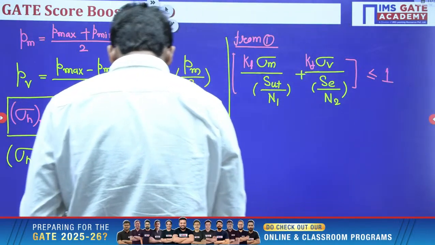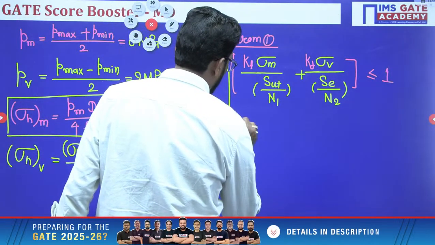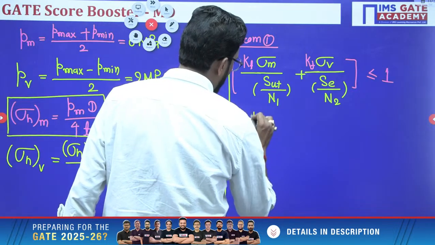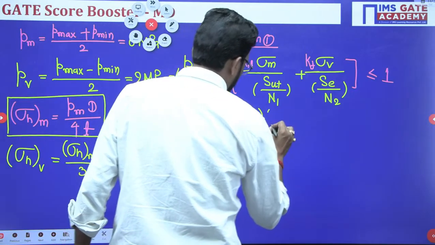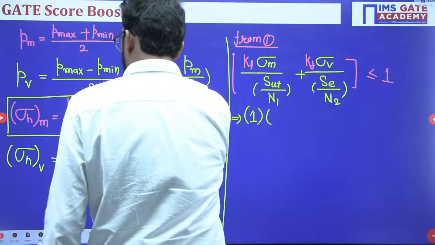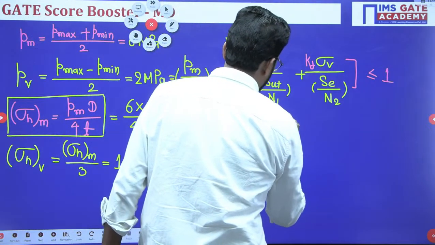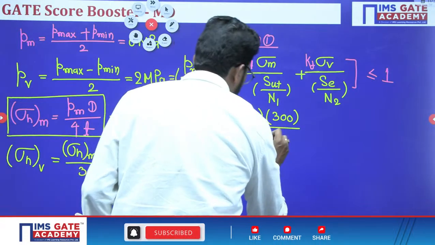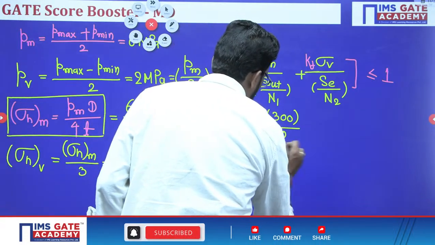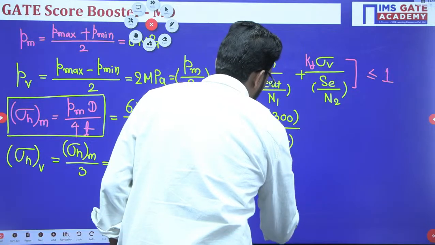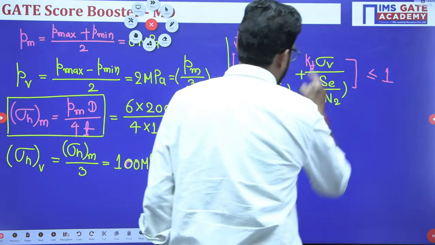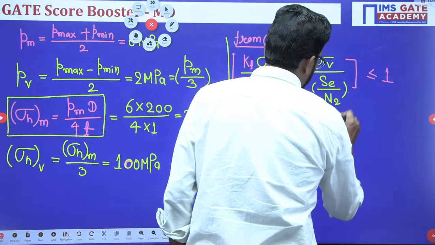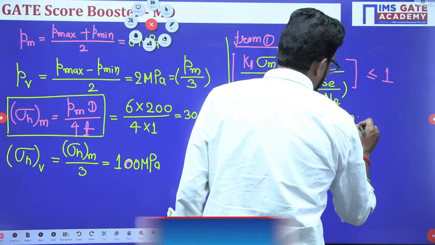Put these values. Nothing is given, so Kt is 1. Sigma mean is 300. S ut is given 800 divided by n1, plus Kf is 1. Sigma v is 100.